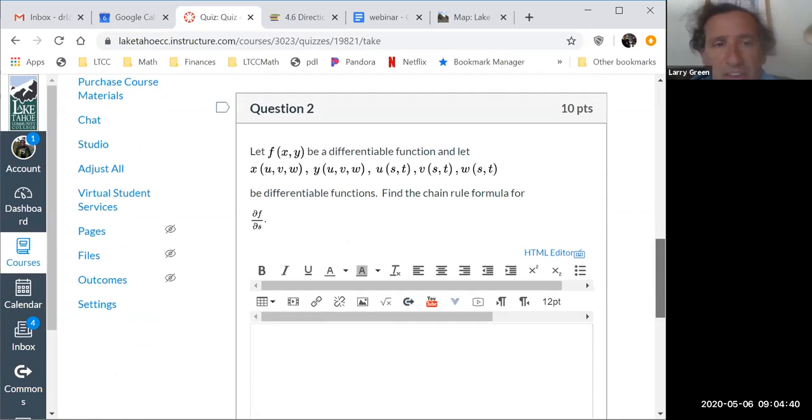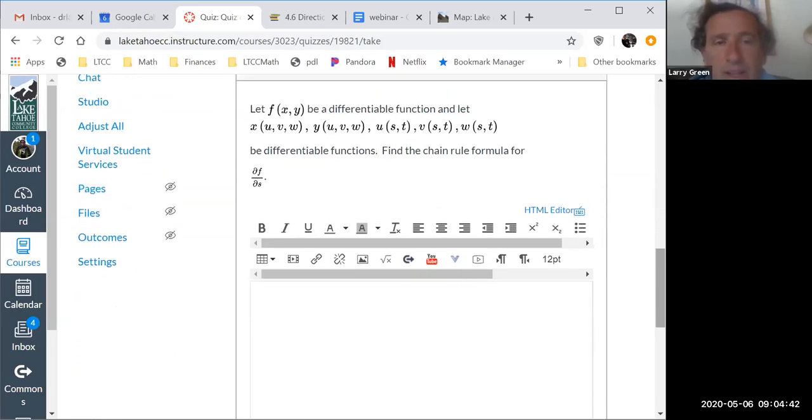Okay, let's look at question 2. Let f be a differentiable function, and let x of u, v, w, y of u, v, w, and let u of s and t, v of s and t, and w of s and t be differentiable functions. Find the chain rule formula for del f del s. So this is just using the chain rule, and what I'm going to do is use the chain rule for del f del x.